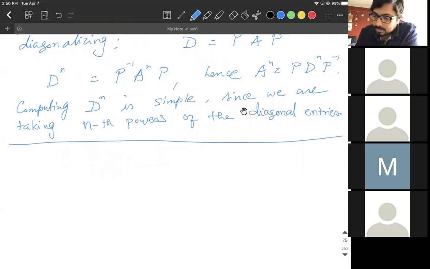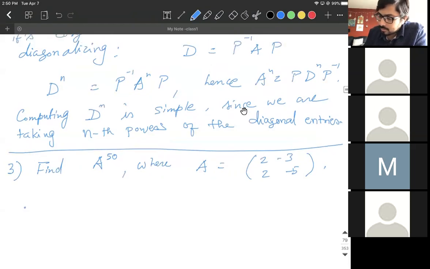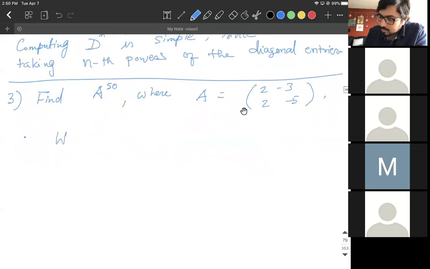Okay, so for example, let's solve this. Find A to the 50, where A is the matrix we have worked with before. So 2, minus 3, 2, minus 5. So this is our A. And I'll just say that we know that A is diagonalizable.